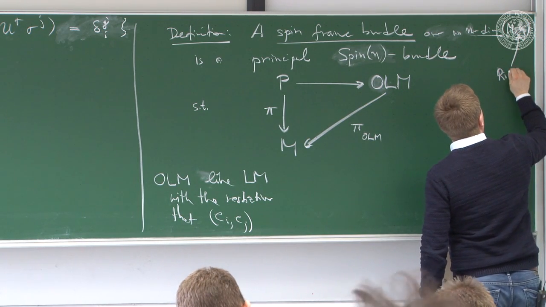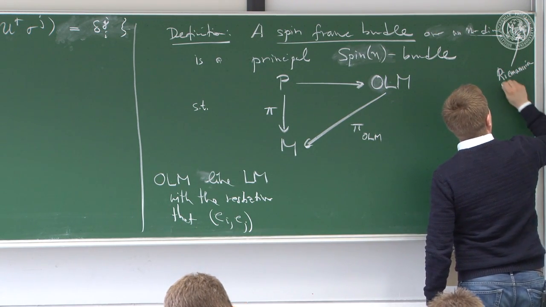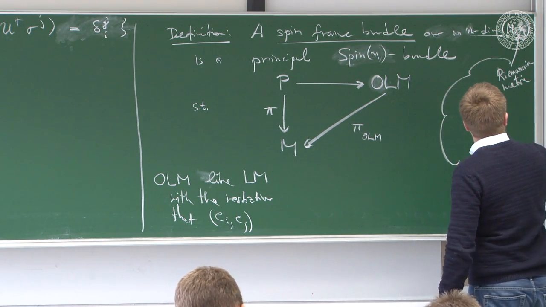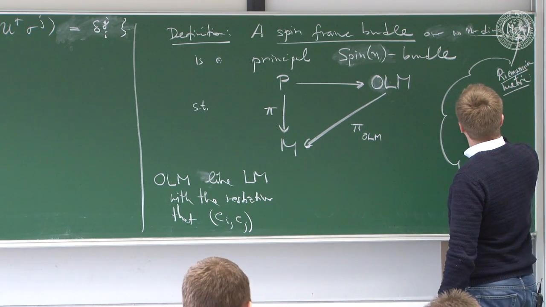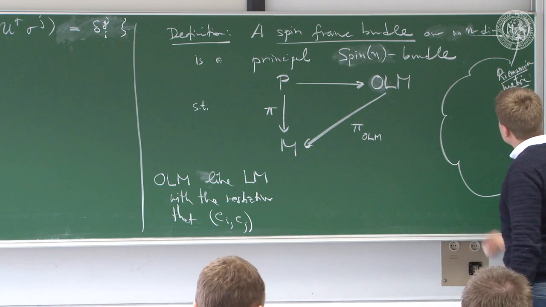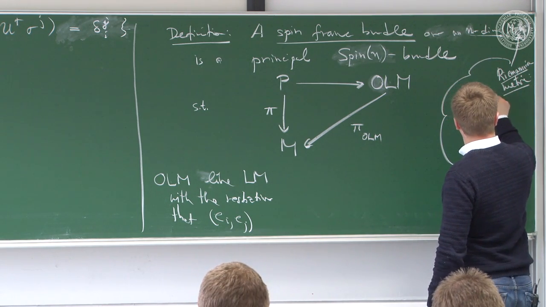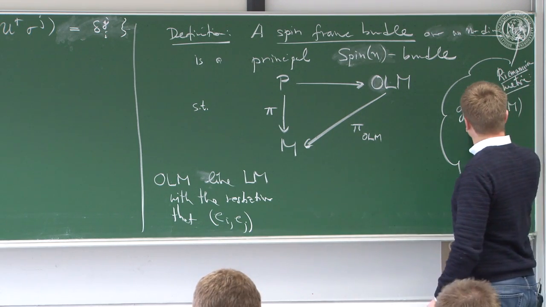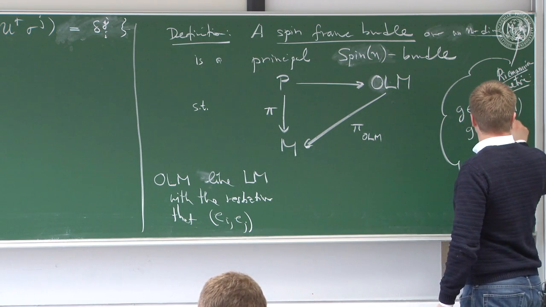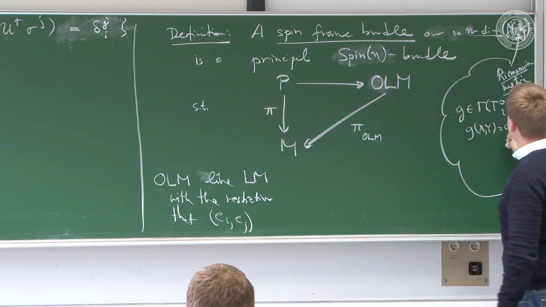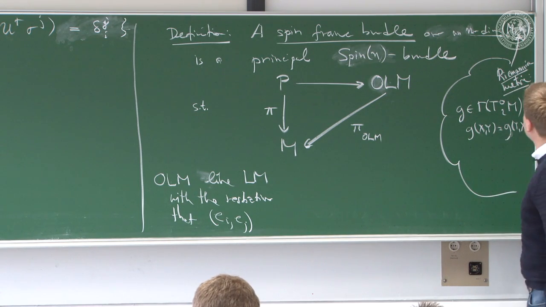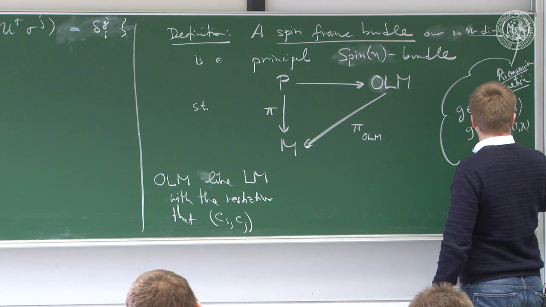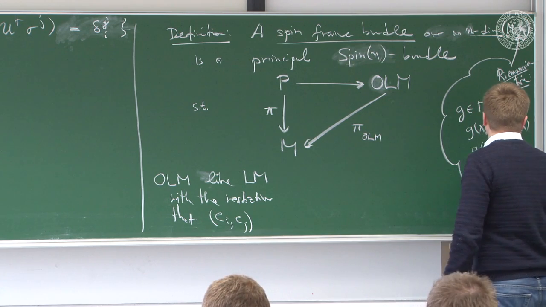So this g is a Riemannian metric. Did we define in this course what that is? Well, a Riemannian metric is a second-rank tensor field, so it's an element of the sections of T^0_2 M that is symmetric. g(X,Y) is g(Y,X), where X and Y are tangent vector fields to the manifold, and that is positive definite.